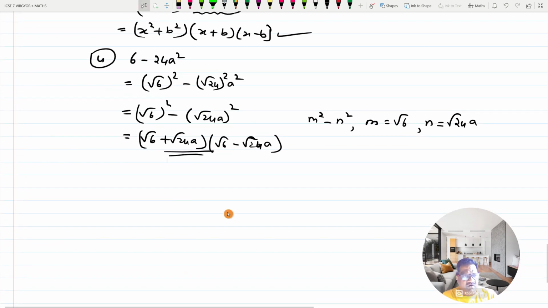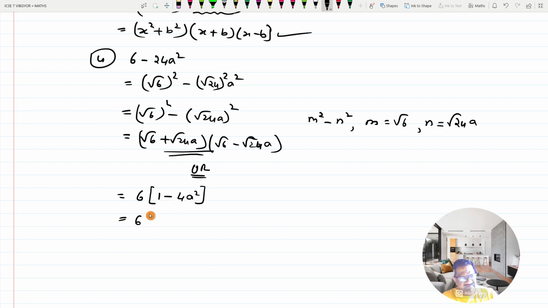Or there is another way of doing this same question. 6 minus 24a square, right? This can be done in a different way. What you do is take this 6 common out of it. So 6 into 1 minus 4a square. This can be written as 6 times 1 minus 2a the whole square.